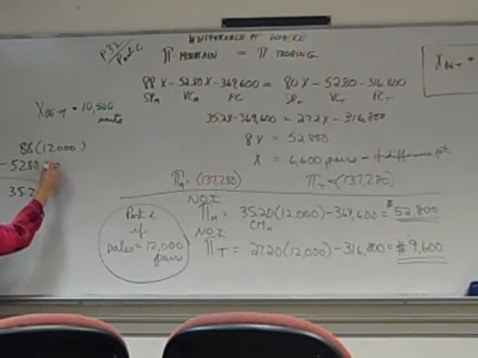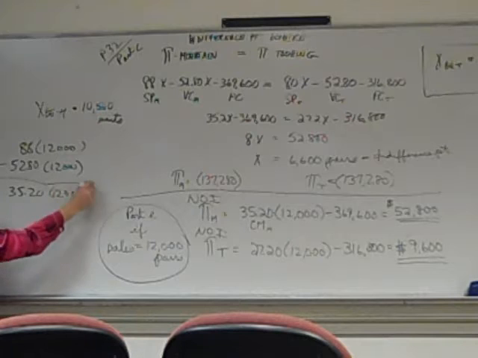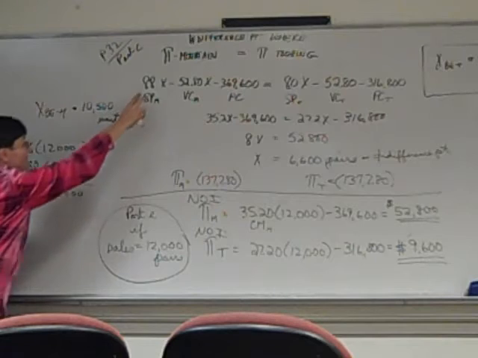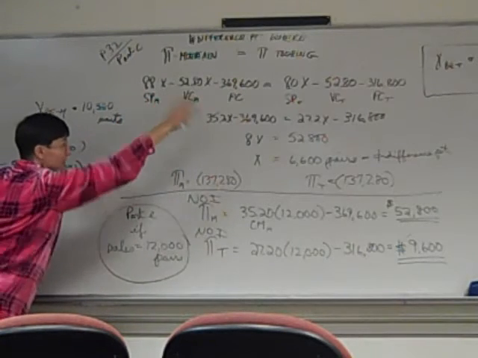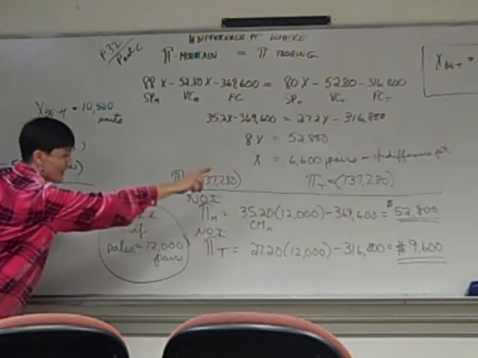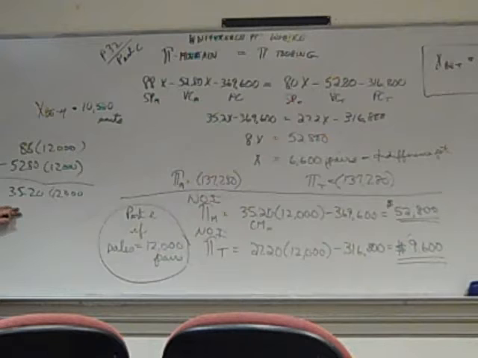Okay. And again, you could have done it the long way. You could have done the whole thing here and stuck in 12,000 there. You wouldn't be at an indifference point anymore. You would have this side equaling 52.8 and that side equaling 9,600.